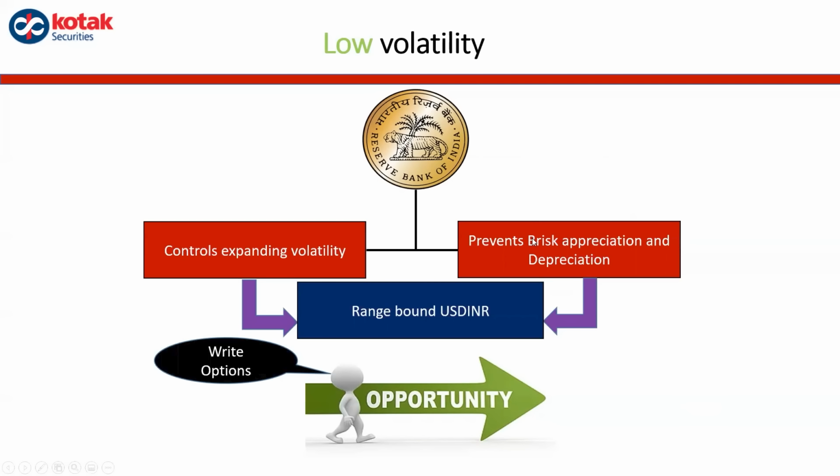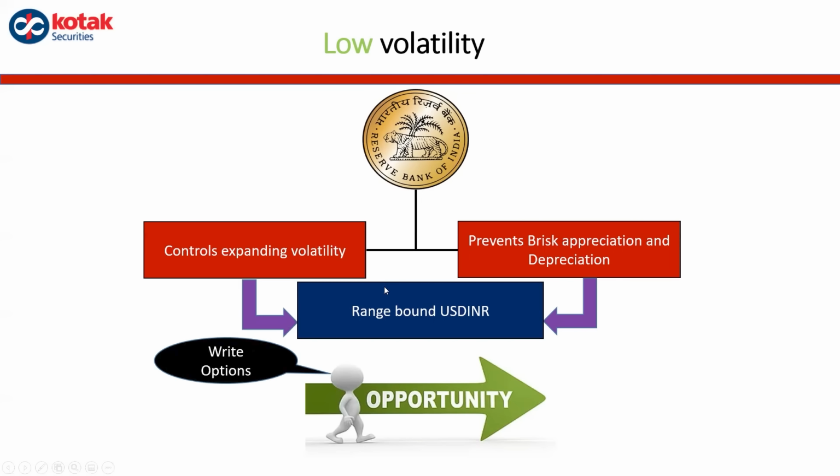Similarly, if there is brisk appreciation and brisk depreciation in the rupee, RBI intervenes and tries to limit both. So, in this process of controlling the volatility and minimizing the brisk appreciation and depreciation, RBI ends up putting the dollar rupee in a range.